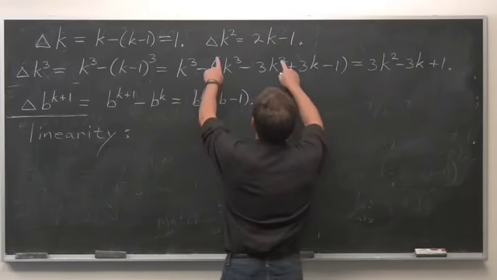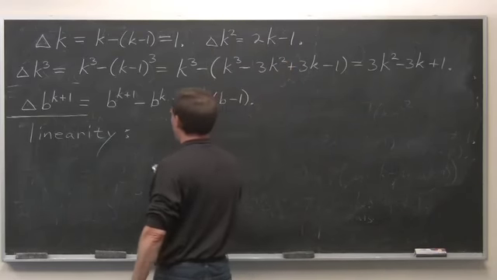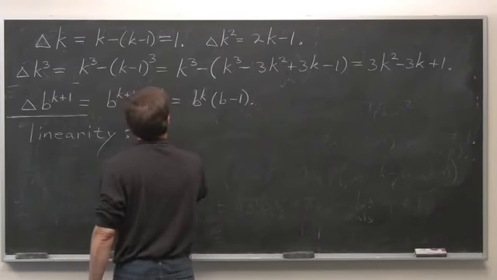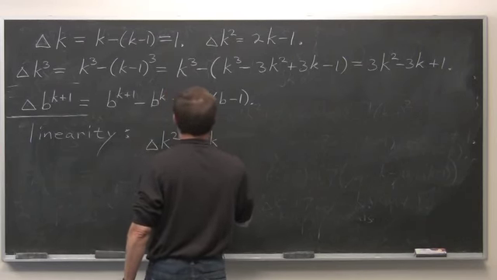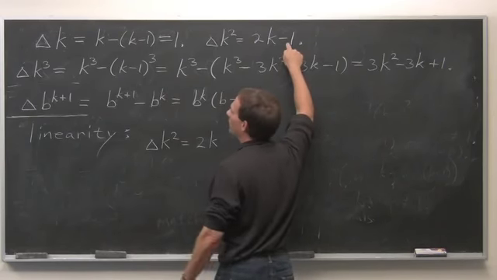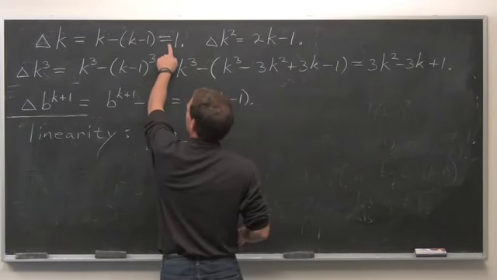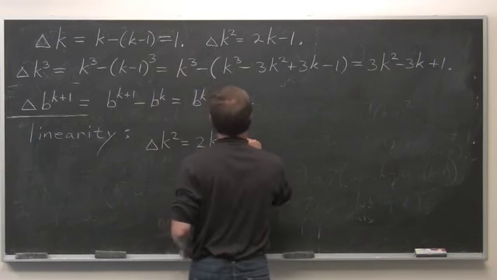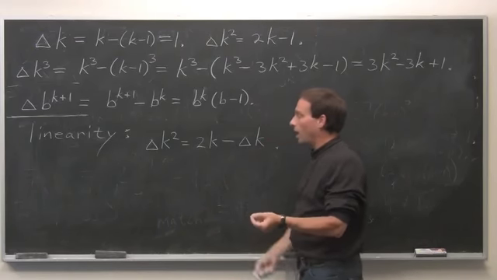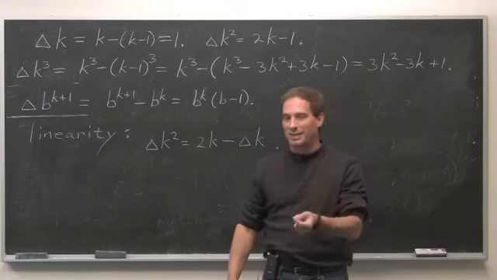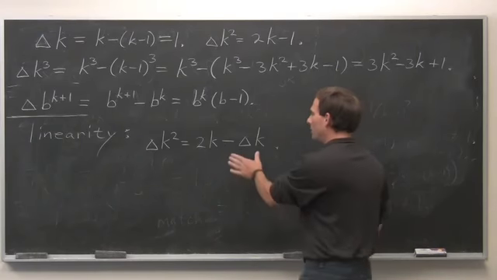So for instance, we take a look at this: delta of k squared equals 2k minus 1. But we get clever, and we write minus 1 as, well, 1 is delta of k, so I write this as minus delta of k. Why would I do that? Because I want to find something so that delta of it equals k. Now I use linearity.